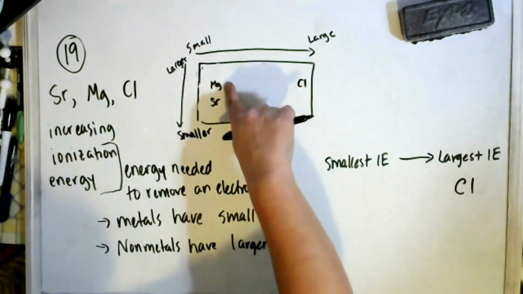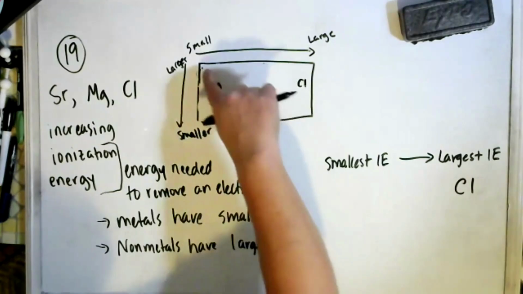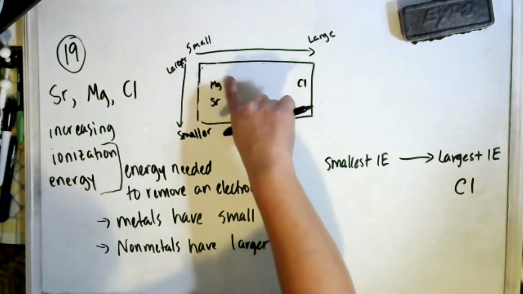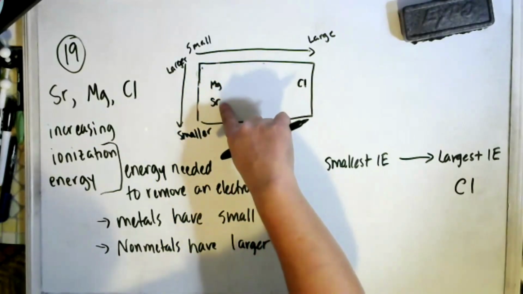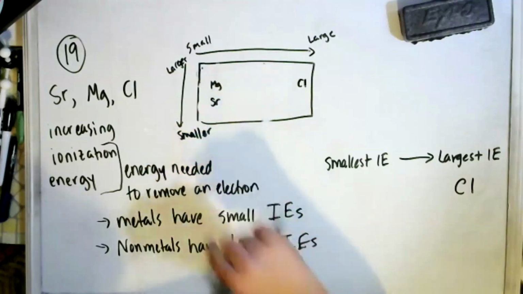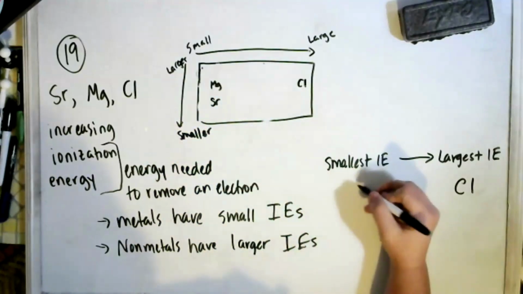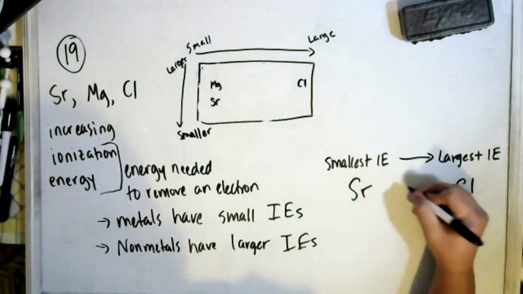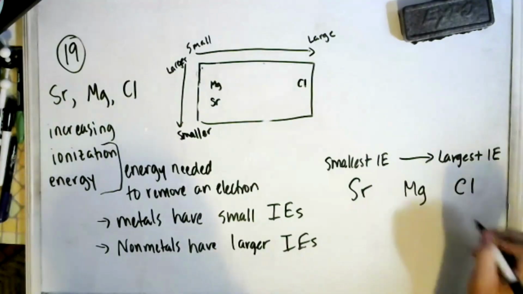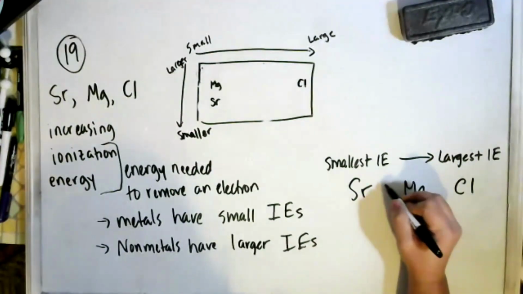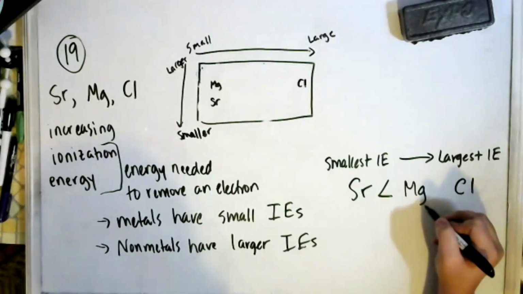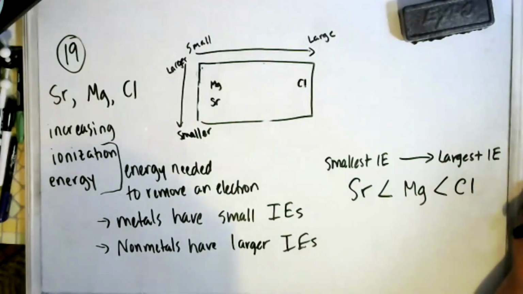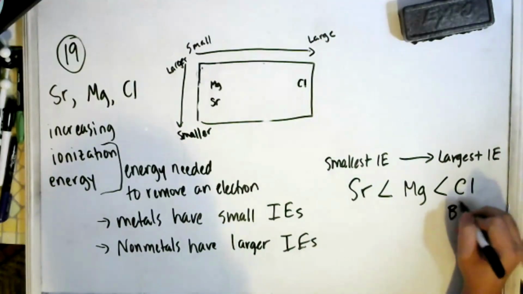Out of magnesium and strontium, magnesium is further up on the periodic table, so it's going to have a bigger ionization energy. Strontium is further towards the bottom, so it's going to have a smaller ionization energy. So strontium will have our smallest, magnesium will be in the middle, and then chlorine will have the largest. So strontium is less than magnesium, magnesium is less than chlorine. Okay, and that's going to be answer choice B.